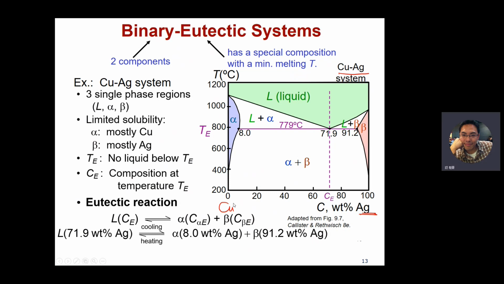Okay, so which point is the eutectic reaction? What is the eutectic reaction? The eutectic reaction occurs when the liquid phase converts to two solid phases: liquid to solid and solid.